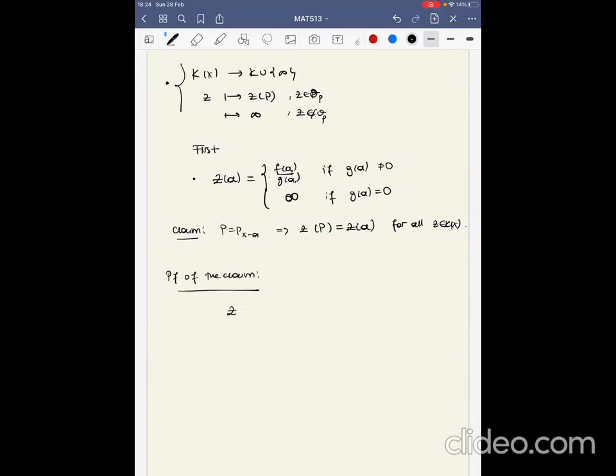In order to see that, let me write a function as f over g, where f and g are relatively prime.